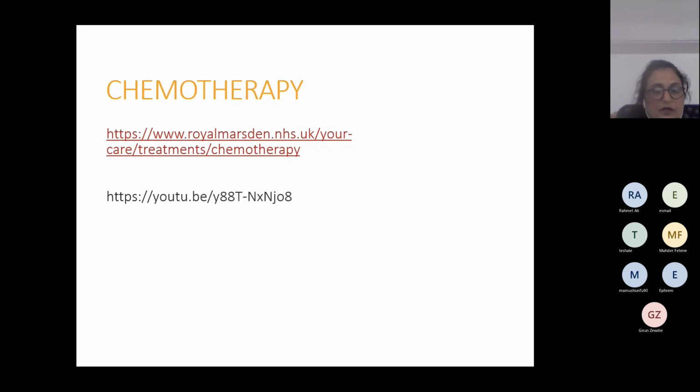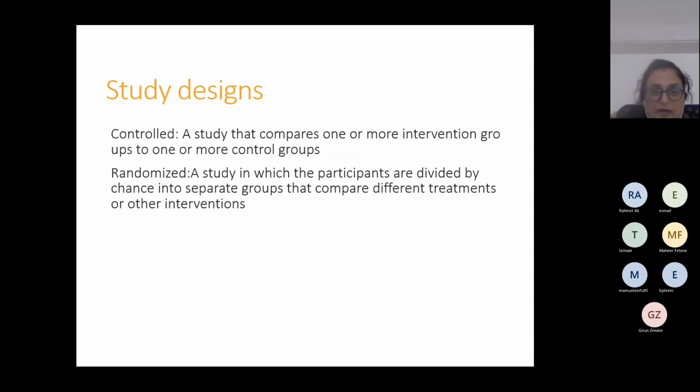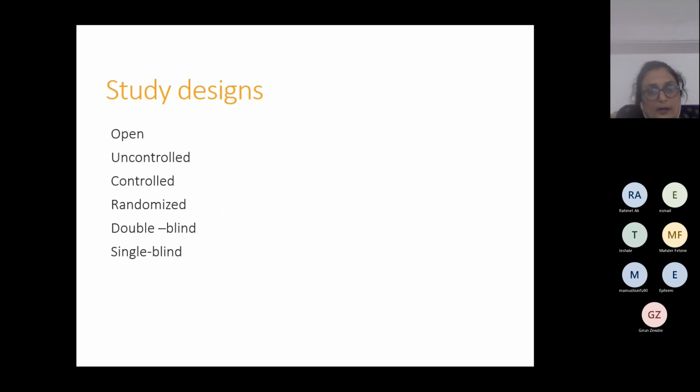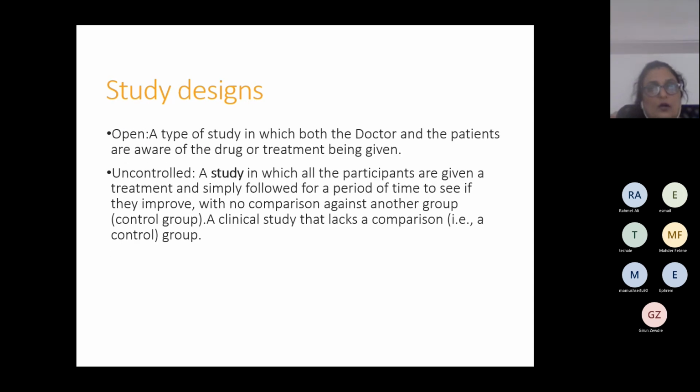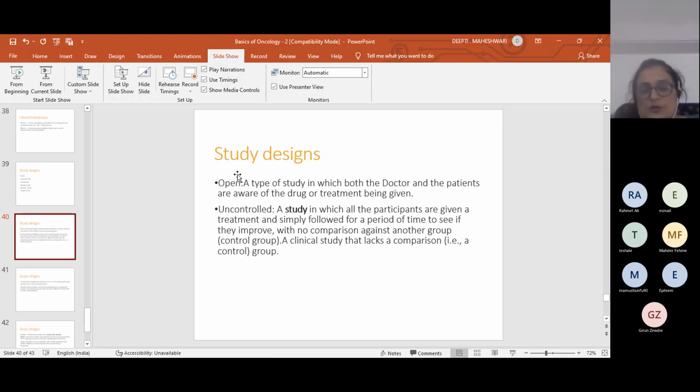These are all the various study designs which you will come across when you read the various reference papers and when you keep studying the different articles. So you will come across all this when you study more and more about this, right?